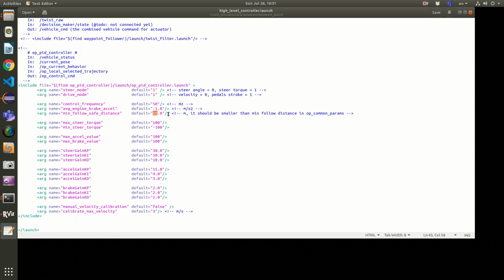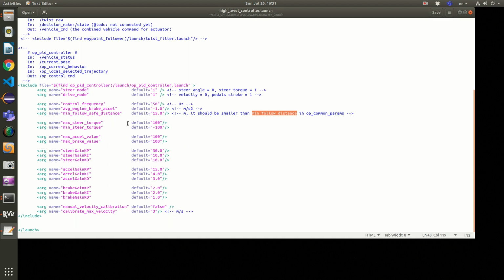But it has a relation to the minimum follow distance from OP common param. We need to maintain this so that it is smaller than the one from OP common param. For higher speed we need a bigger distance. For lower speeds, of course, it's okay, we can make this smaller, depending on the agent we are running.